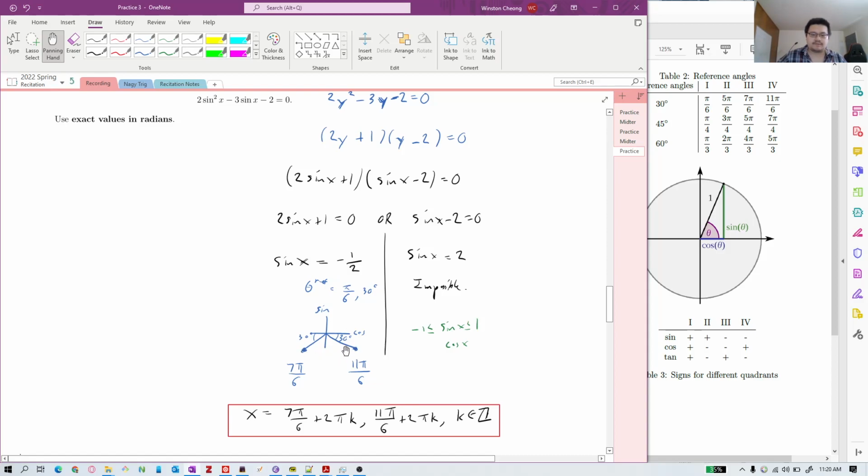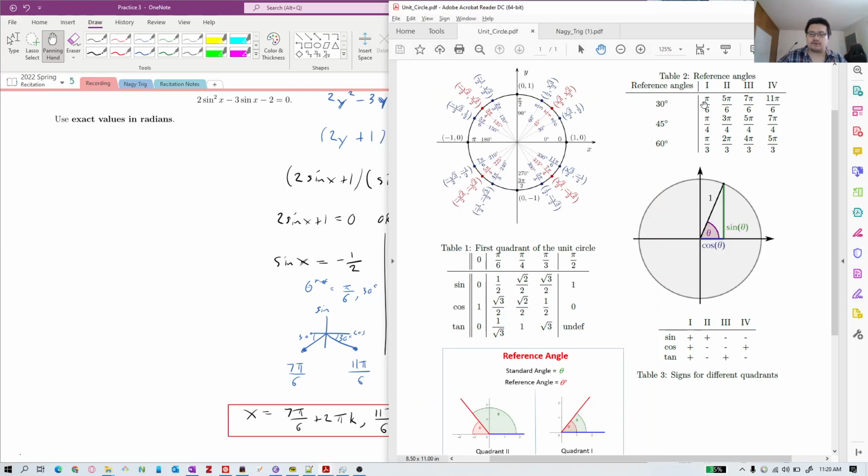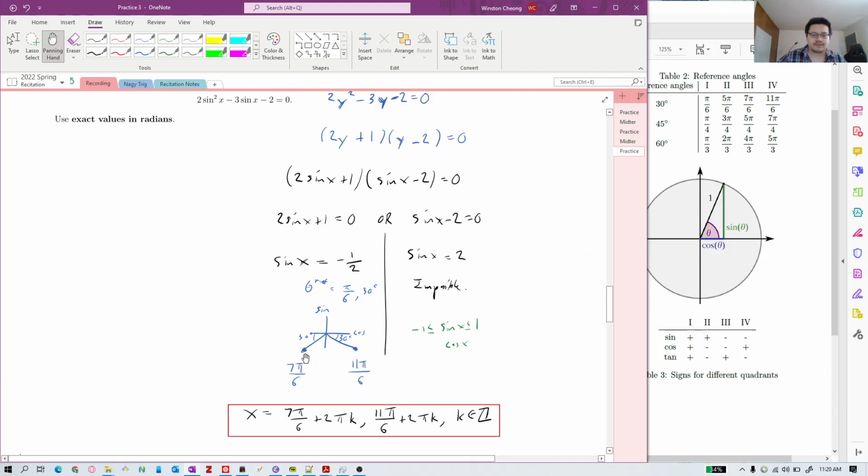So we're thinking about the third and fourth quadrants. Okay, so it's the reference angle 30 degrees in the third and fourth quadrants. Looking over on our unit circle, 30-degree angle, third and fourth quadrants, we get 7 pi over 6 and 11 pi over 6. So that's why I've named these two solutions as such.